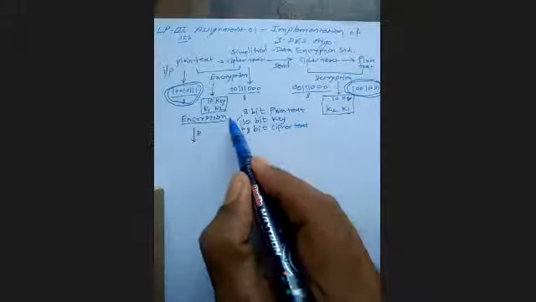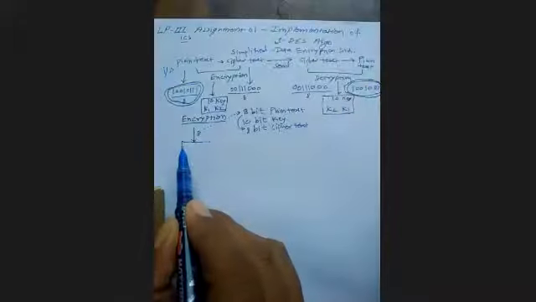I am going to draw this one line. This is my input, 8-bit plain text. While using this 8-bit plain text, you have to perform initial permutation.